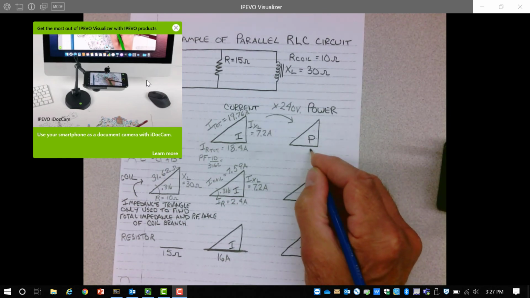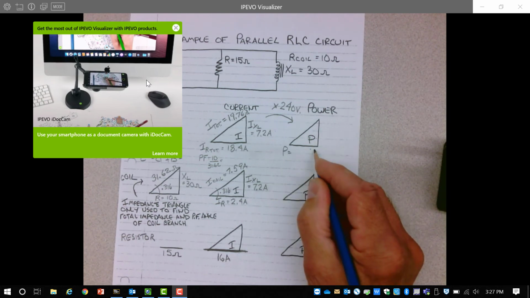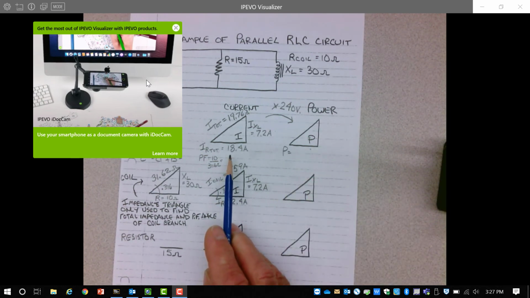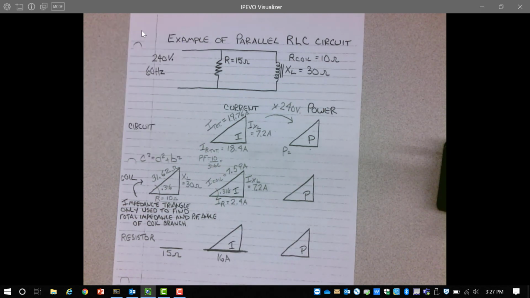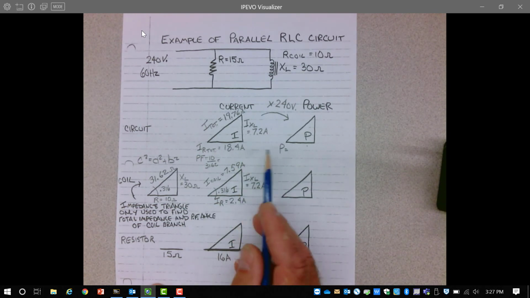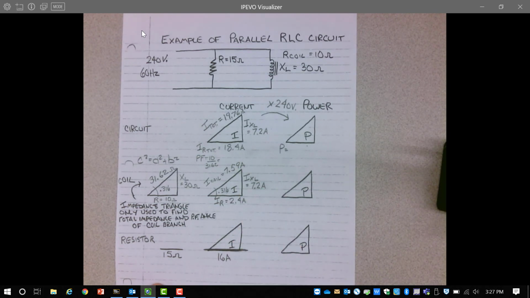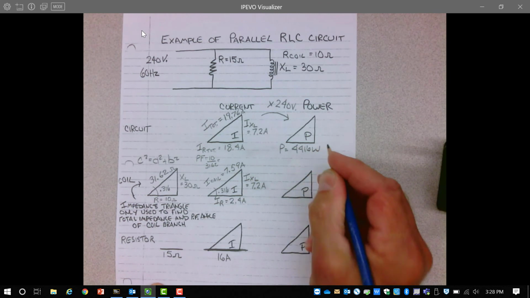So the total power in watts for my power triangle would be 18.4 amps, the resistive current, times my voltage, which comes out to 240 times 18.4, should be 4,416 watts.